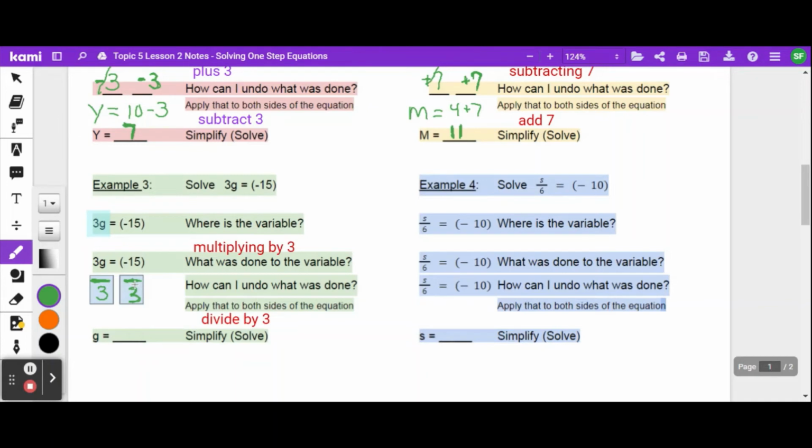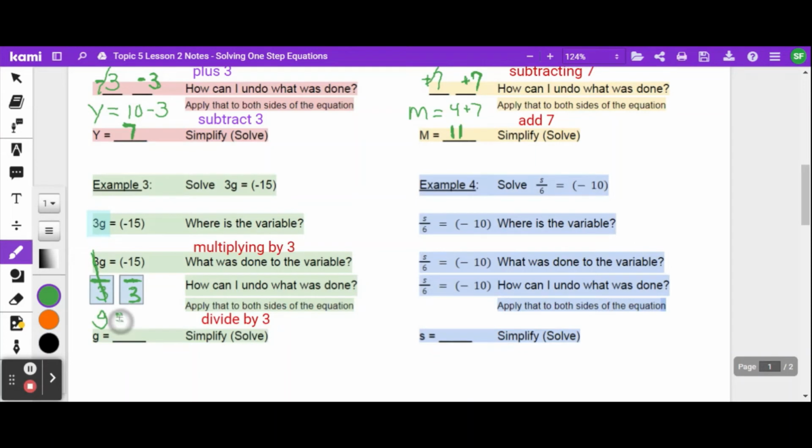Now what happens here is we basically have 3 G's, 3 goats, being split into 3 equal groups. And of course, 3 goats split into 3 groups would leave you with 1 goat. So I'm going to cross off the 3's. They cancel essentially. And that leaves me my G by itself, which is what we want.